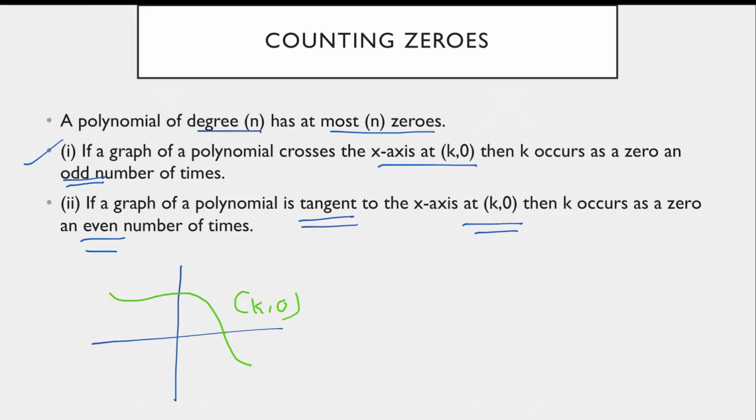For instance, we have a polynomial f of x is equal to (k minus x) to the power 3. Over here, k will occur as a zero an odd number of times. But if I had the opposite case, if the polynomial has a tangent, I'll draw the graph again.